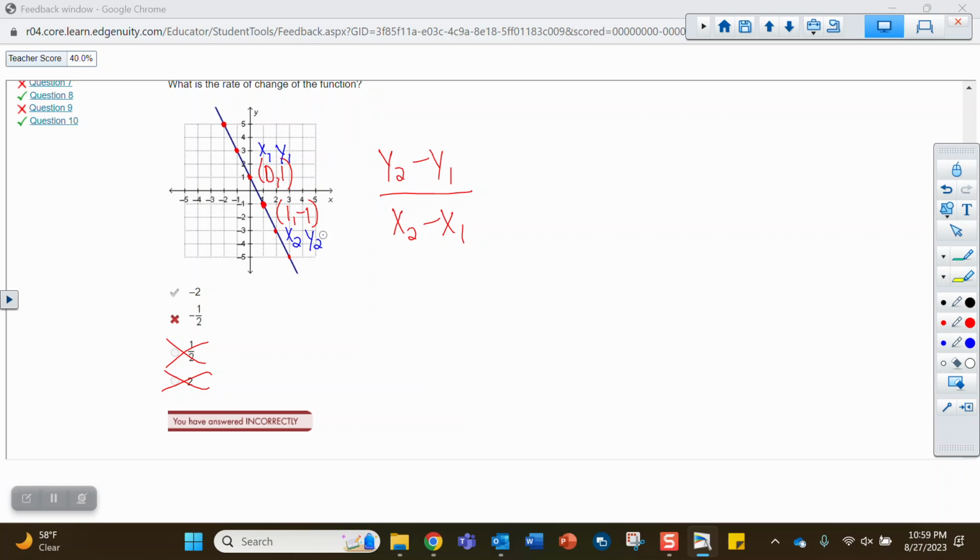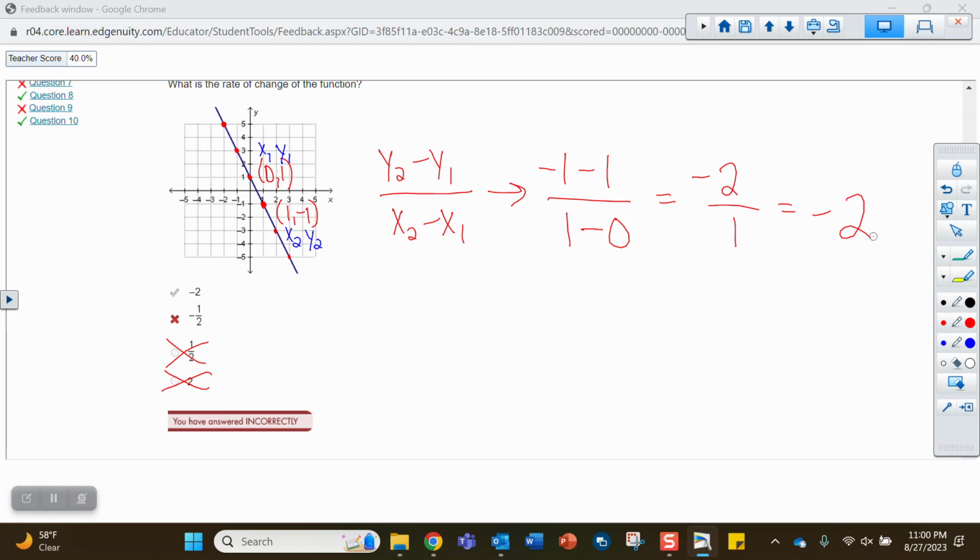If you had them switched, we should still get the exact same answer. Okay, so y2 is negative 1, so I'm going to do negative 1 minus y1, negative 1 minus 1, and on the bottom, x2 is 1 minus 0. So negative 1 minus 1 is negative 2, and 1 minus 0 is 1. Negative 2 over 1 is negative 2.